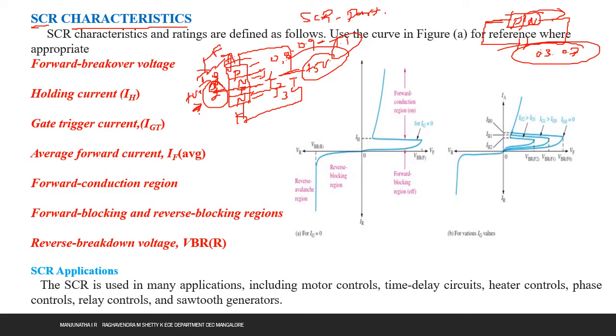If we take the IG, since we attack junctions J1, J2, J3 from two different supports, one from IG and one from the positive voltage, we need a very small positive voltage and very soon we are able to break down junctions J1, J2, J3. That is the main thing we have to understand. If you understood this, it makes it very easy to understand the SCR characteristics.